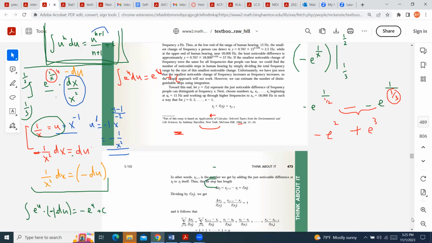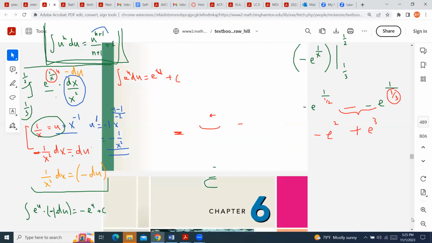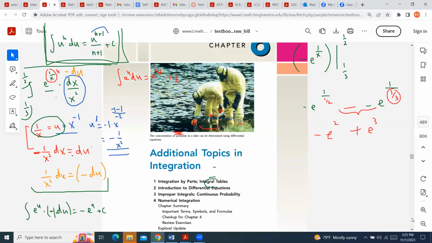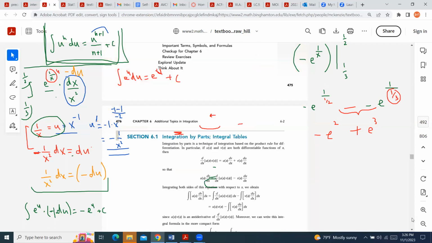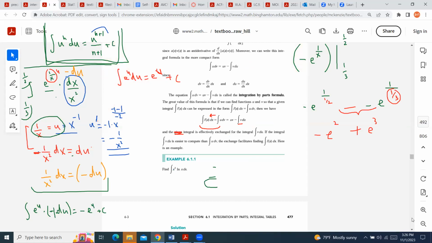But the antiderivative is a problem, it turns out. We will see this eventually. Here's chapter 6. It says additional topics in integration. And all of these later classes, calculus and analysis, differential equations, appear just to help us find those antiderivatives, because to integrate is very tricky, and that's the point.